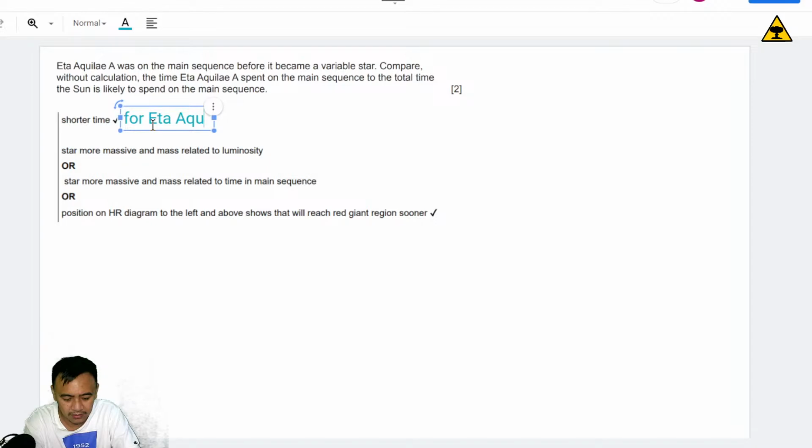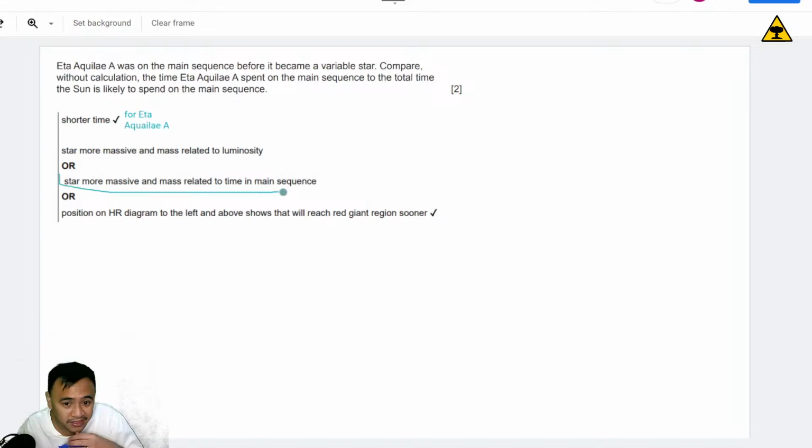This is what I would say, personally, and I think this is gonna be the more common answer: more massive stars spend less time in the main sequence. So, up in mass means down in time in main sequence.